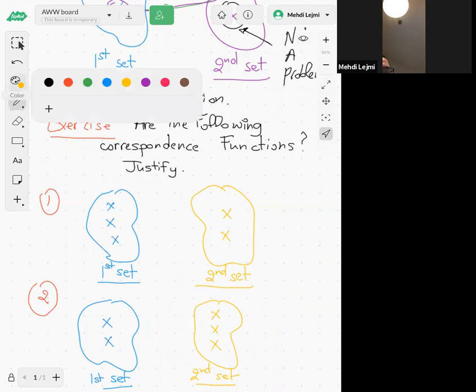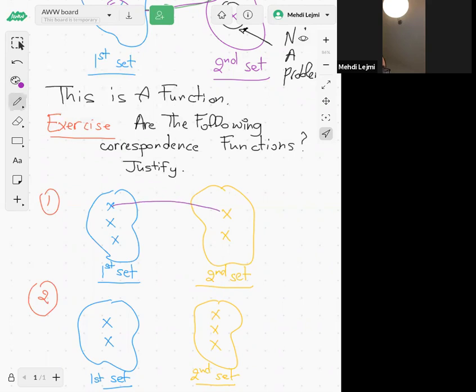Let's say we have the following correspondence. This one goes here, this one goes here and here, and the third one goes here. Now number 2: let's say number 1 here goes here, and number 2 goes to the first point in the second set.